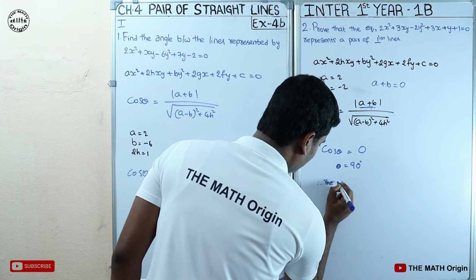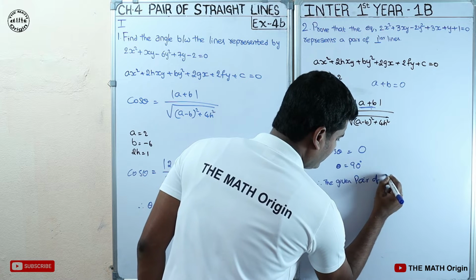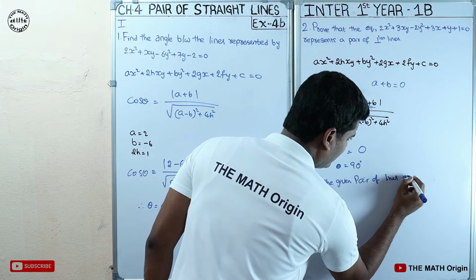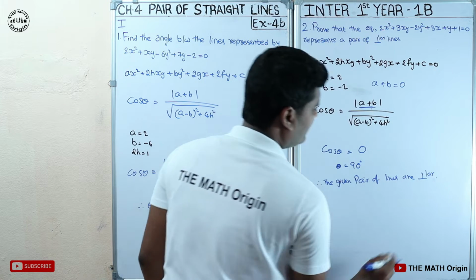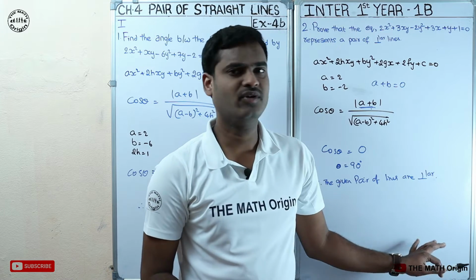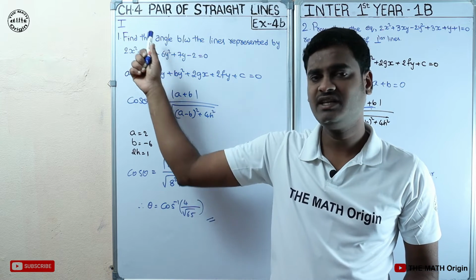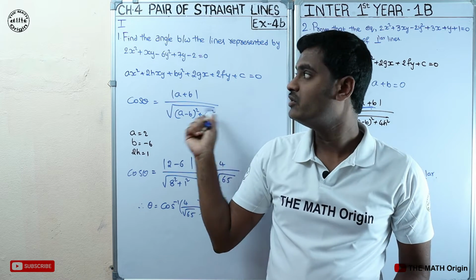Therefore the given pair of lines are perpendicular. With this we completed the second problem, and with this we have completed the first section. There are only 2 problems in it.